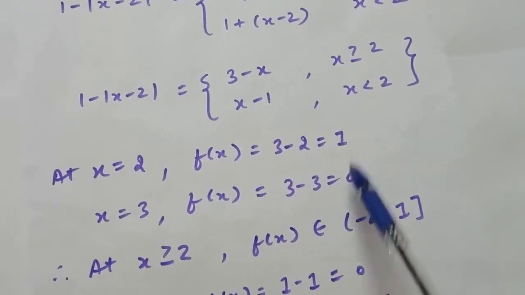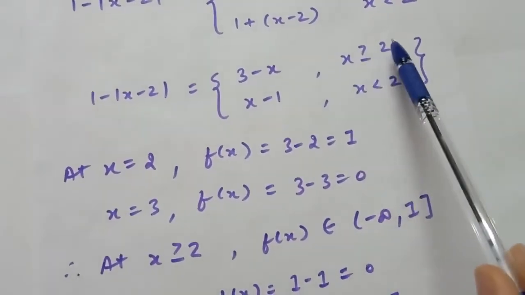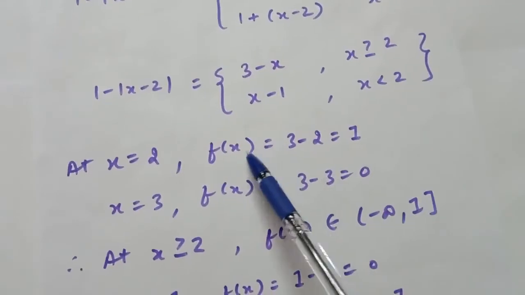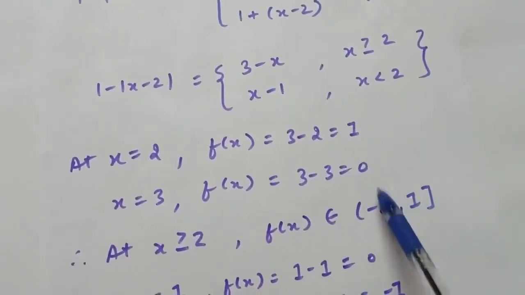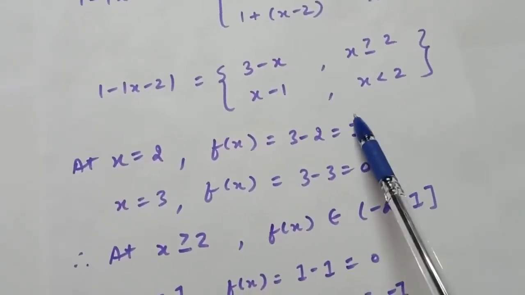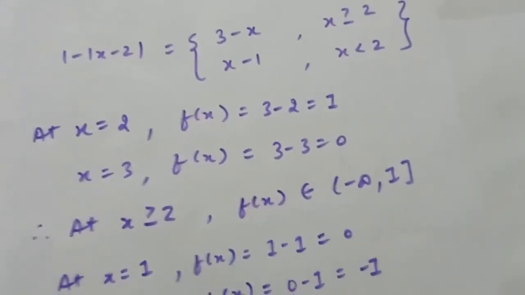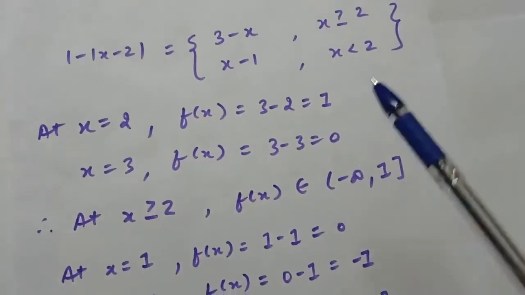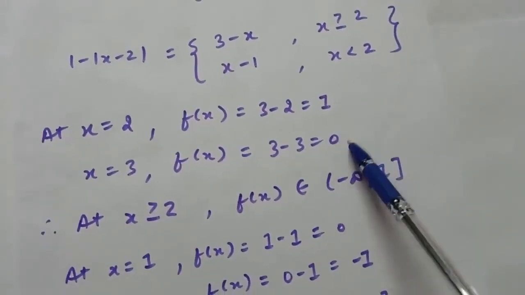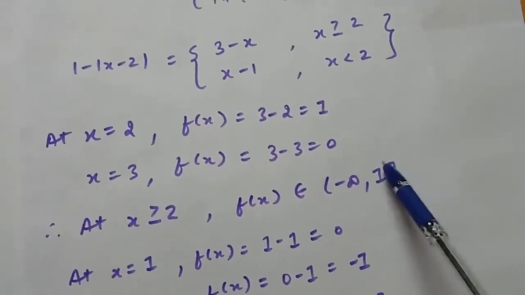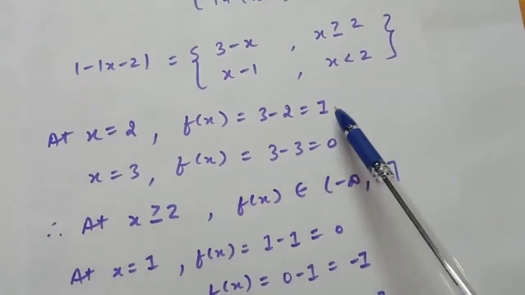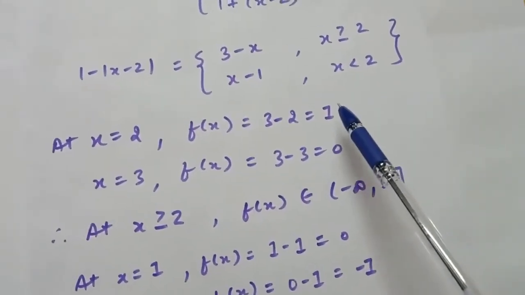So you can see when x is equal to or greater than 2, the value of f(x) decreases, right? So 1 is the highest value. So for this, f(x) belongs to the interval minus infinity to 1, because the value of f(x) decreases. And at 1, a close bracket will come, because at 2, f(x) is equal to 1.